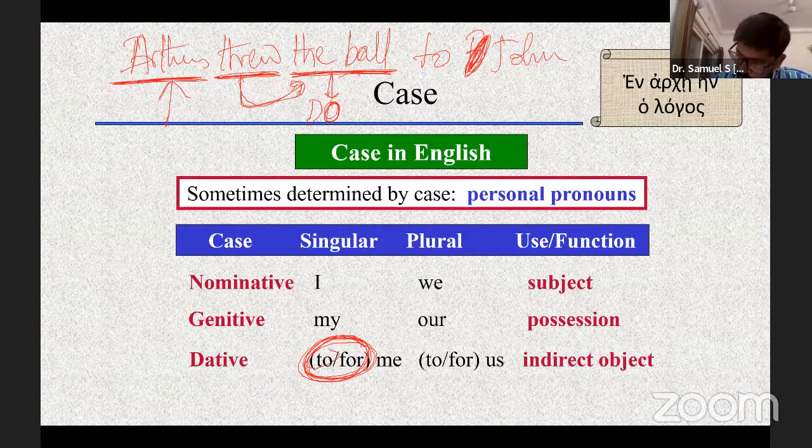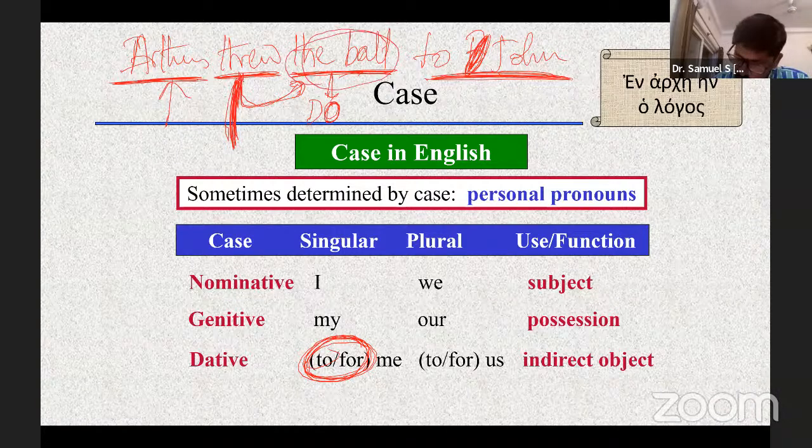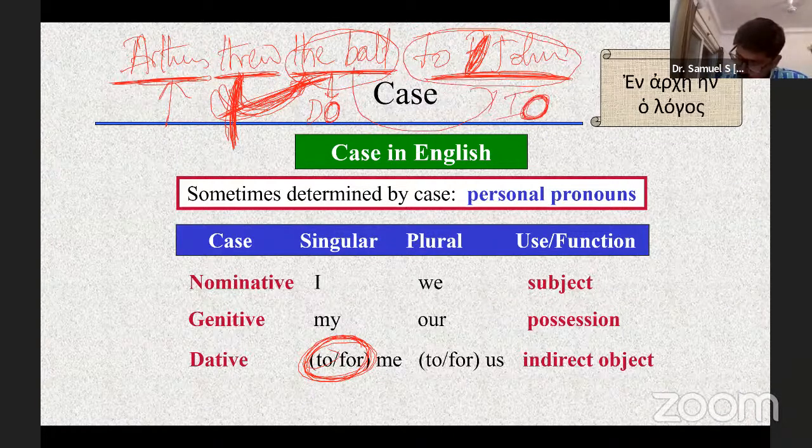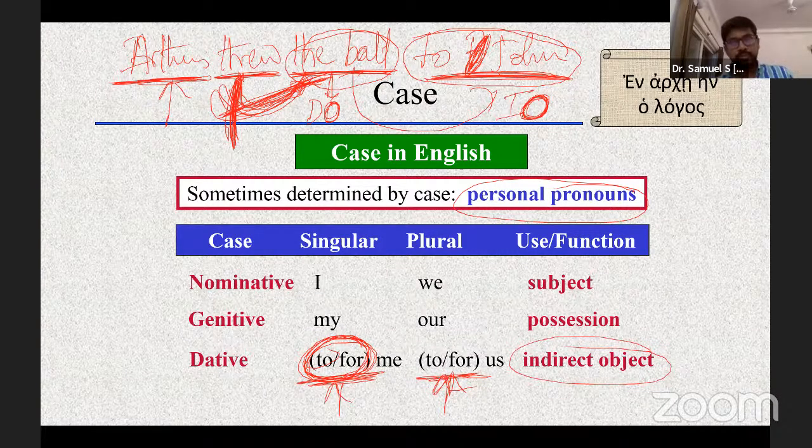Indirect object. Why? Because John is not receiving directly the action. Ball is receiving directly the action. Arthur threw the ball, but John is indirectly receiving the action through the ball. This is called the indirect object. So there are other words, to and for, which indicate indirect object.